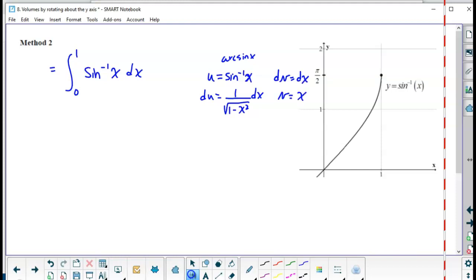Okay, so integration by parts, is uv. So that's going to be x sine inverse x from 0 to 1 minus the integral of v du. So that's going to be x over root 1 minus x squared dx from 0 to 1.